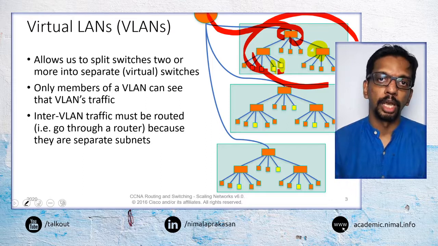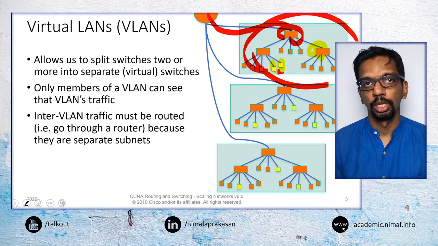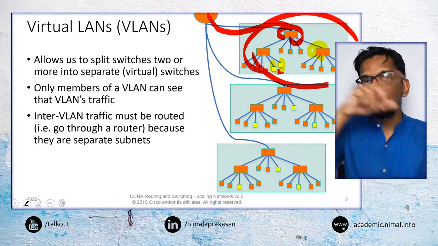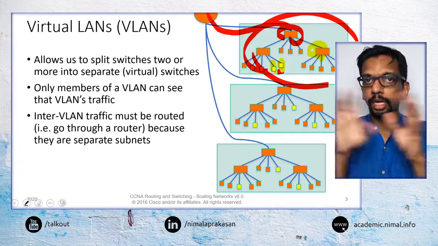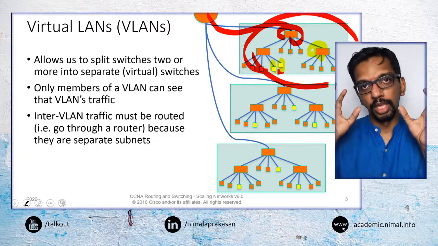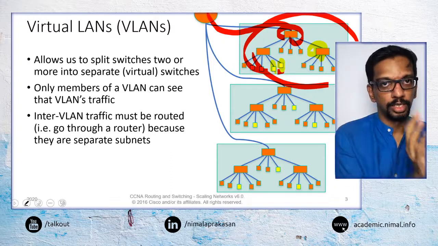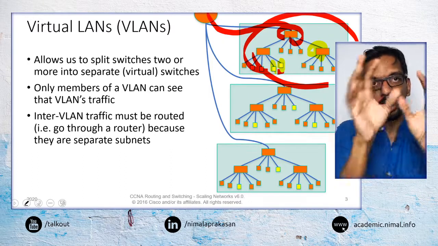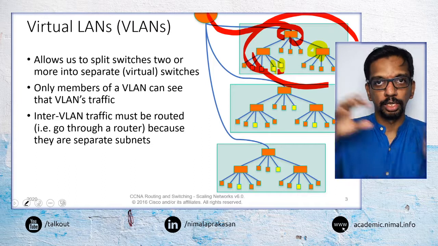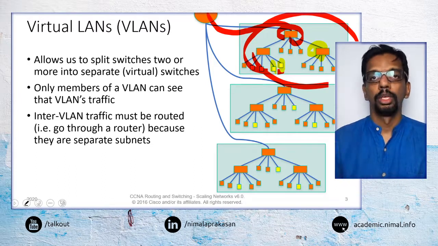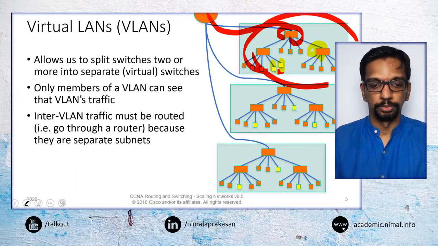If there is no VLAN, anything connected to the switch can communicate with each other. If there are VLANs, only devices that belong to the same VLAN attached to the same switch can communicate. Others will have to go through inter-VLAN routing.